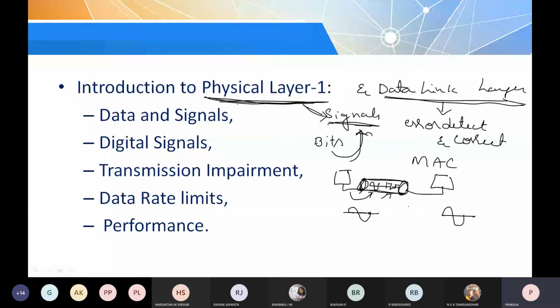So here in the beginning, in today's class, we'll be focusing on what data and signals are. How to represent data as a signal, the different types, then digital signals. Okay, and this chapter covers transmission impairments. That means, as I was explaining, the signal that is received is not the same as the signal that was sent by the sender.